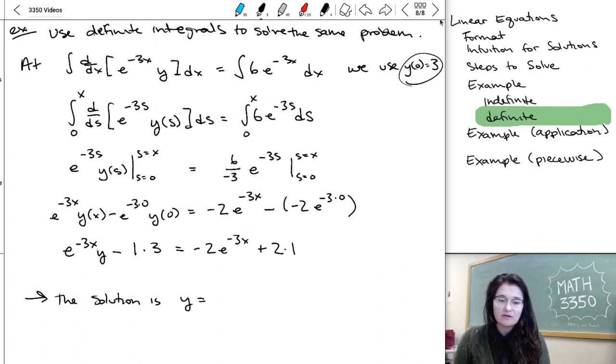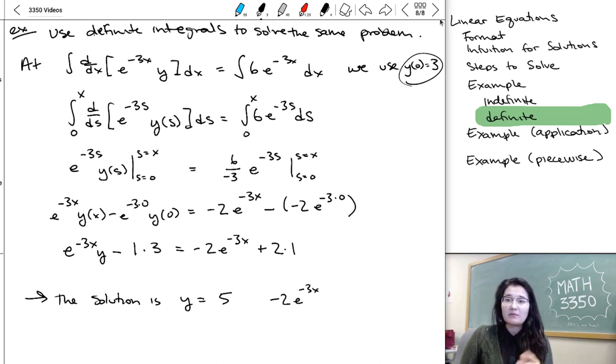And that's going to use the exact same algebra steps we used when we solved for y before. So we're going to get 2 plus 3 is 5, minus that 2 e to minus 3x, but then the e to minus 3x sort of cancels that out and becomes e to 3x there.